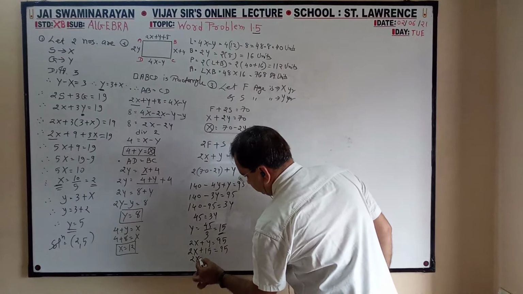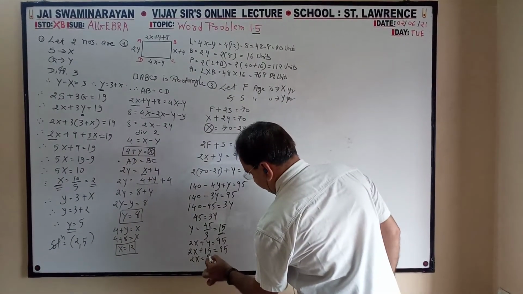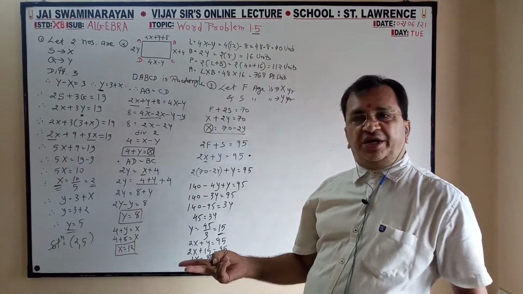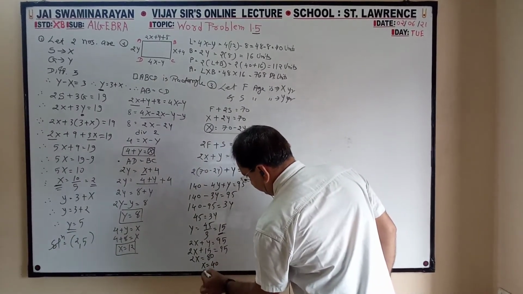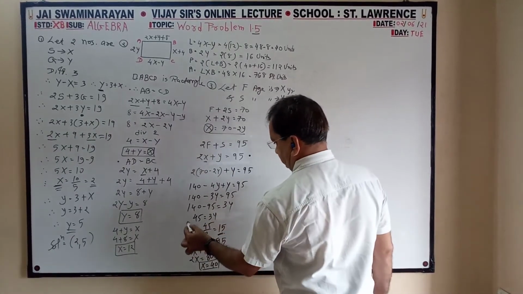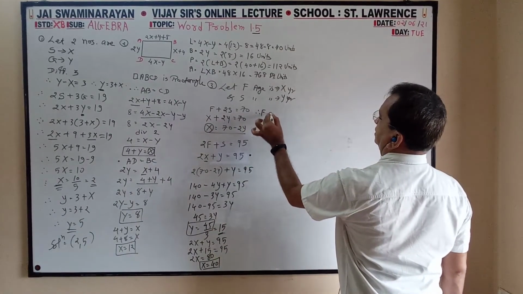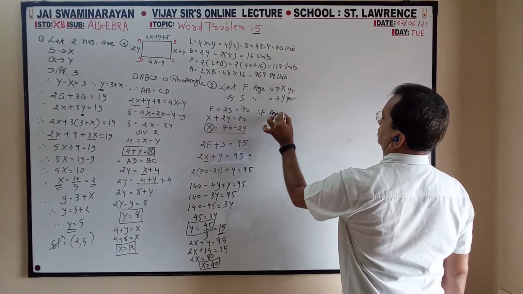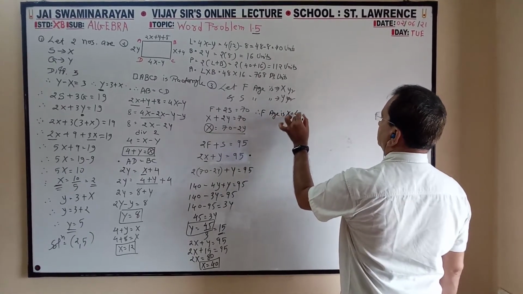So 2x, 95 minus 15, 80. 2x is equal to 80. So x is equal to 40. Now you got this and this. Therefore, father's age x is equal to 40 years.